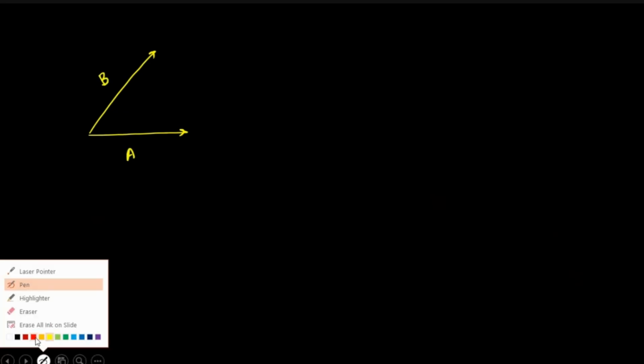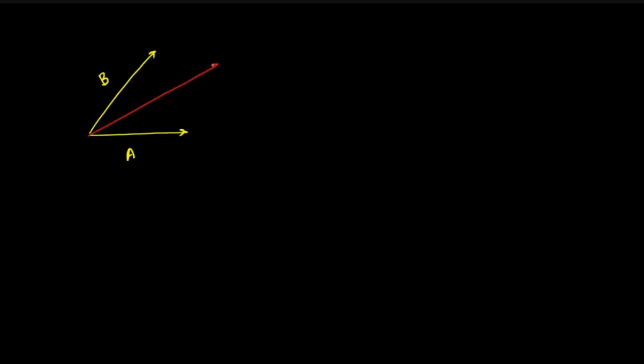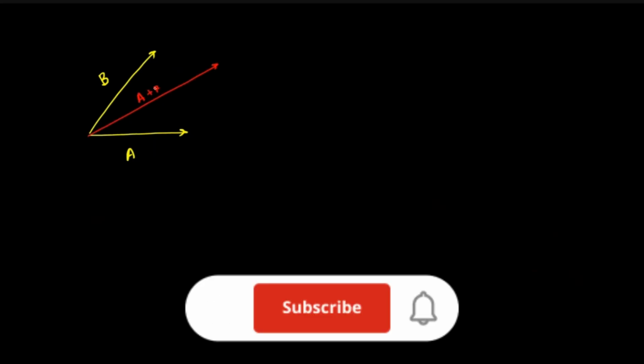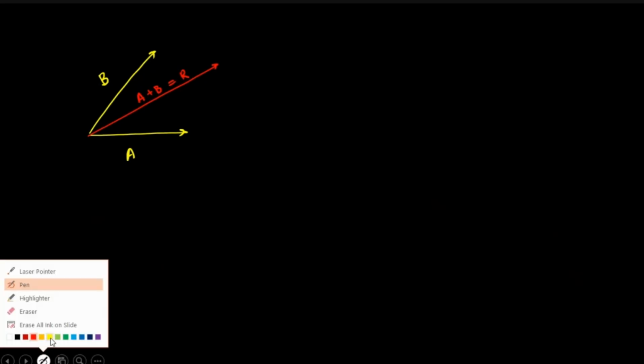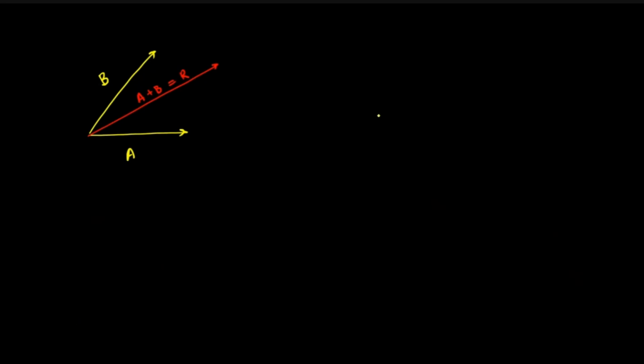I'm assuming A vector was this, B vector was this, and the sum of these two vectors lies in between, like that. If I redraw this diagram by shifting the vectors parallelly in the plane, I'll keep this A vector as it is. I'll shift this vector B towards this.